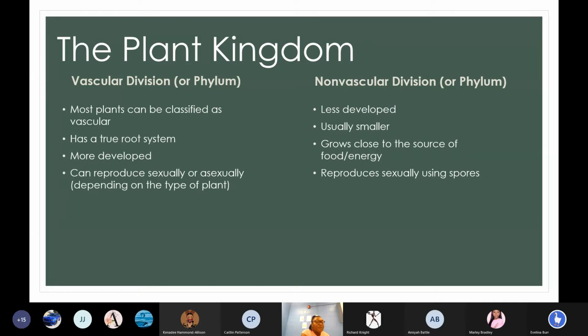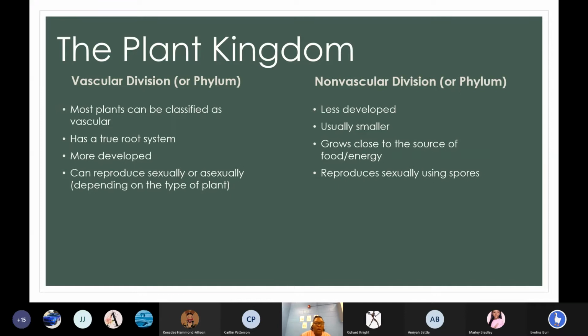So under that list of characteristics, let's draw some pictures of the vascular plant and its body parts.